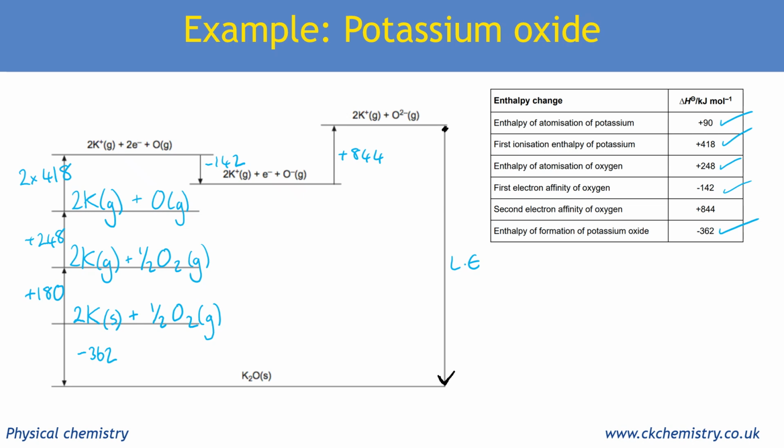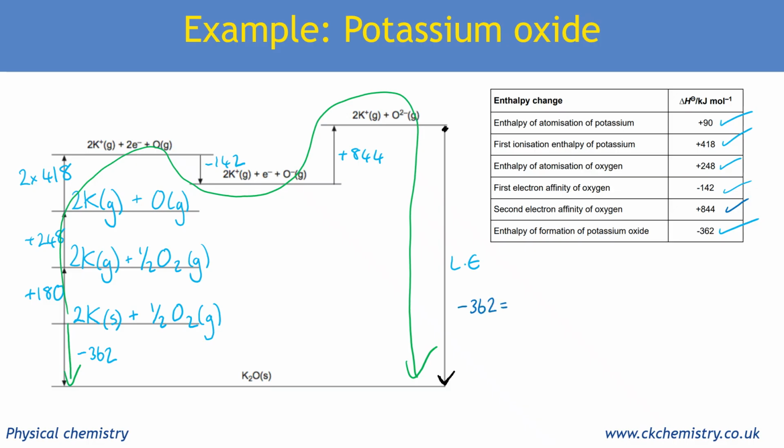So even though we're going up and down, can you see that we've still got this route and this route? It's a bit more wobbly, it goes up and down, undulating if you like, but it's still following the arrows. So I can put all my values in. -362 is the enthalpy of formation.